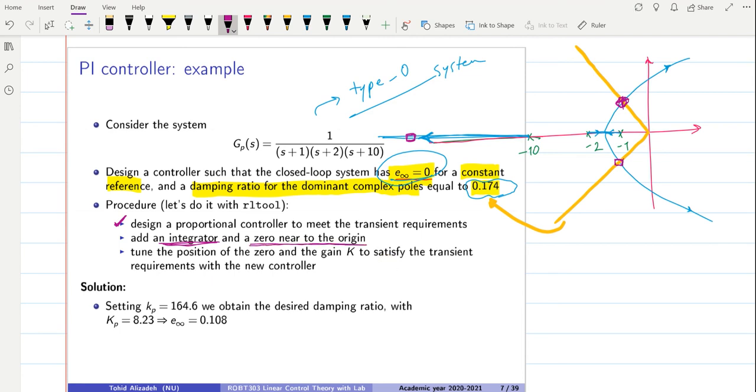In this way, the type of the system will increase. And then since the zero is close to the pole, the Root-Locus plot of the system will not change a lot. And then we would need to retune the value for the gain of the controller in order to meet the transient requirements as well, or in order to place the closed loop poles at the same location.